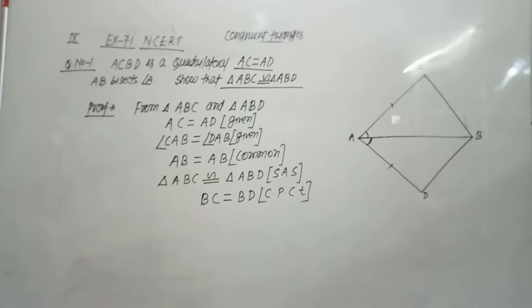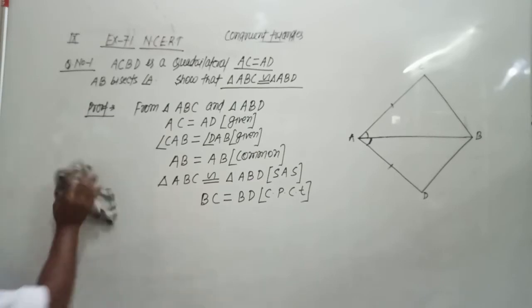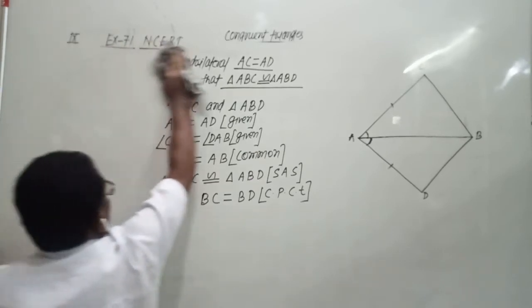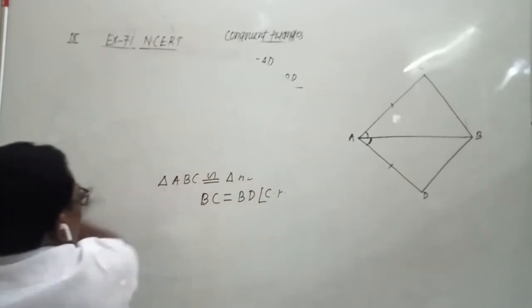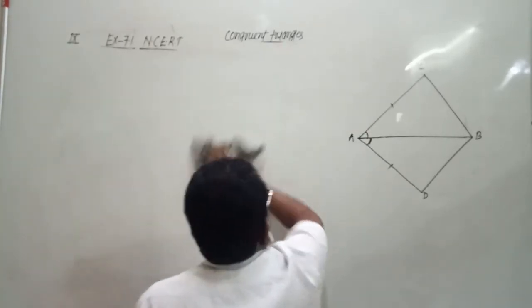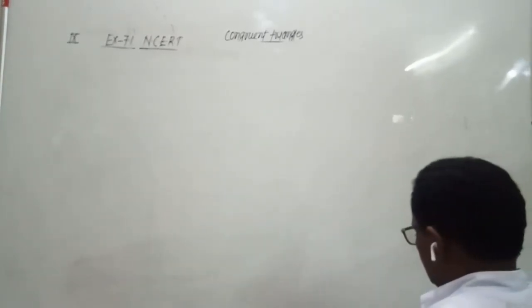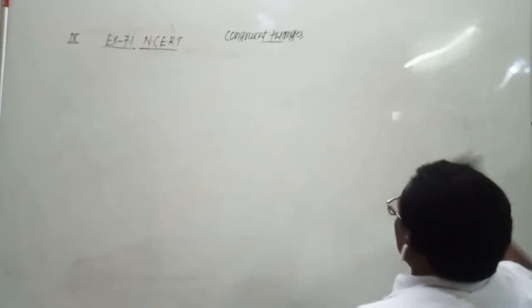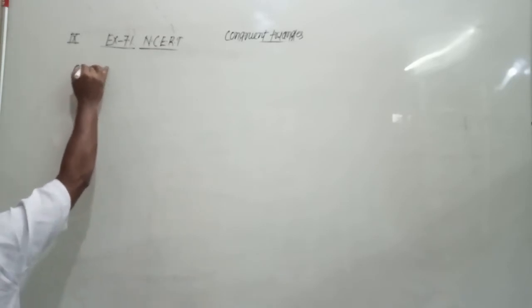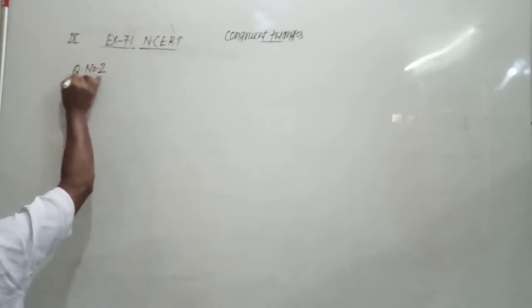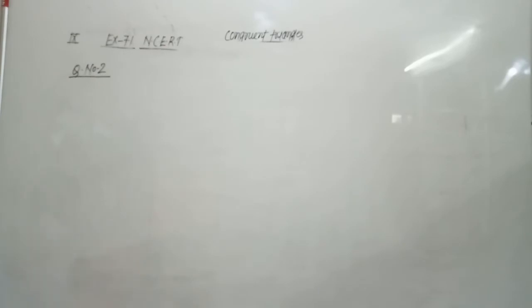Now the next question, question number 2. ABCD is a quadrilateral.